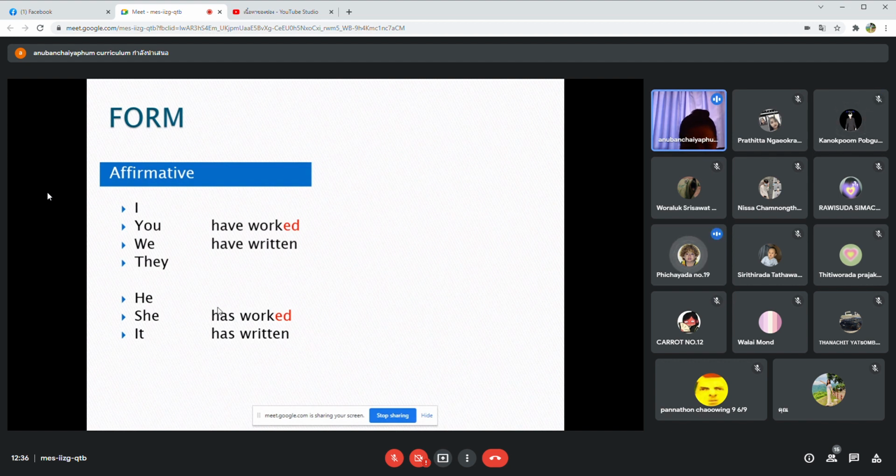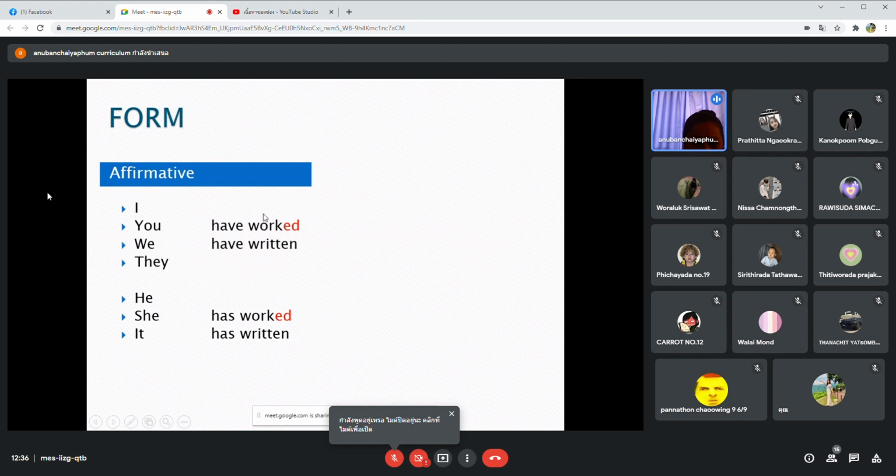Yes. So as you can see here, there are verbs. The words are worked, written. So work with ed. The base form of written is write, but here it becomes written. Why? Because in present perfect tense, remember, have is followed by the past participle of the word.